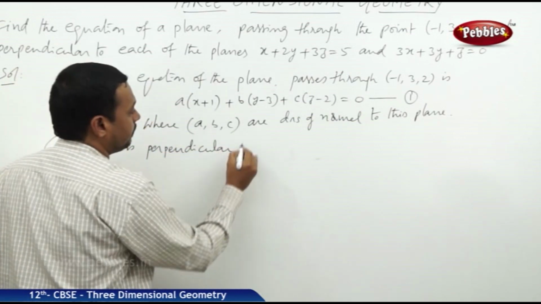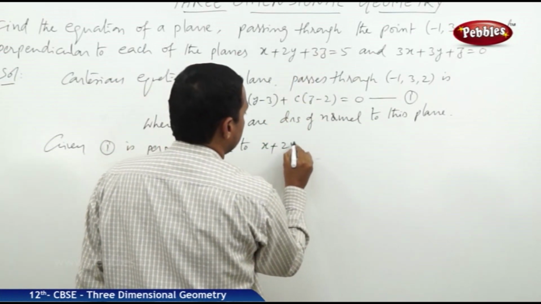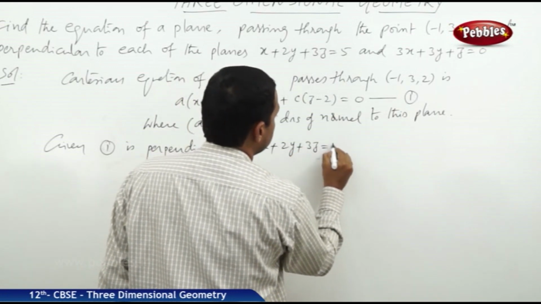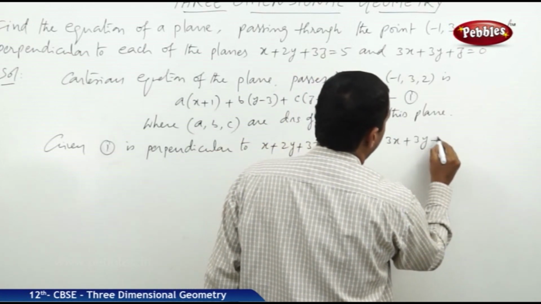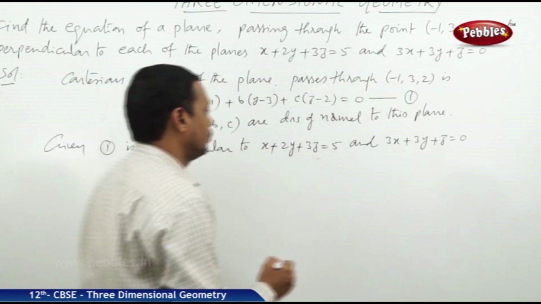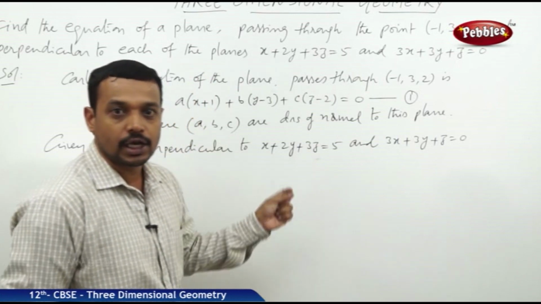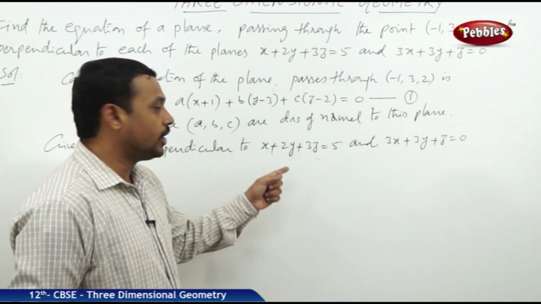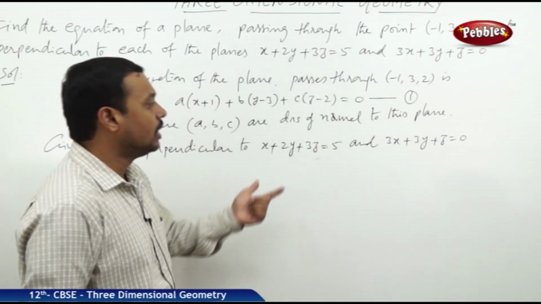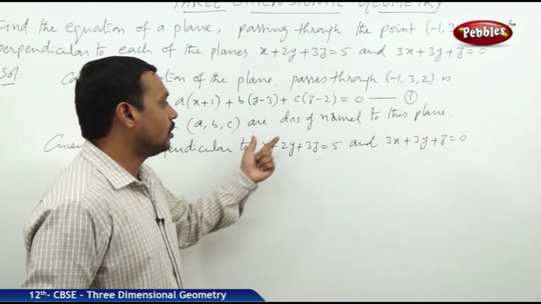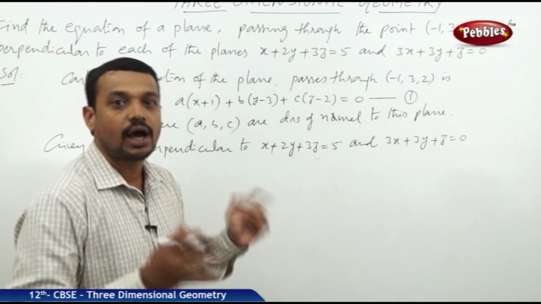This plane is perpendicular to both of the given planes x plus 2y plus 3z equals 5 and 3x plus 3y plus z equals 0. Then what? If one plane is perpendicular to another, then a1 a2 plus b1 b2 plus c1 c2 equals 0, where a1, b1, c1 are the direction ratios of the normal of one plane and a2, b2, c2 are the direction ratios of the normal to the other plane.